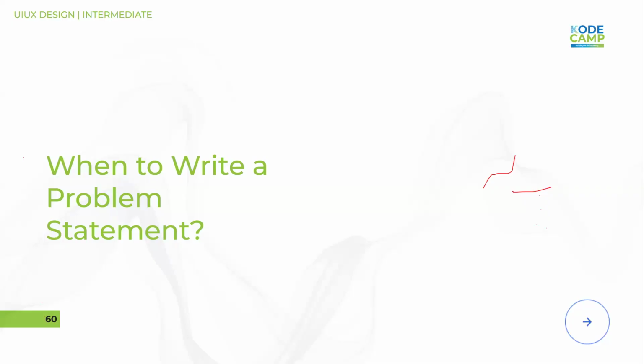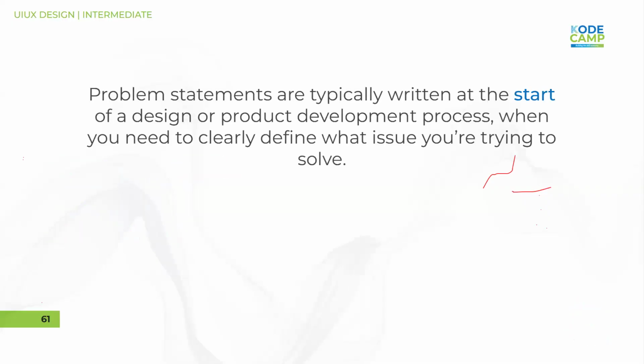When are we supposed to write a problem statement? Problem statements are typically written at the start of a design or product development process. This is when you need to clearly define what issue you are trying to solve. Remember, you can't solve a problem that you don't know. There is no way you are going to solve a problem you don't understand.